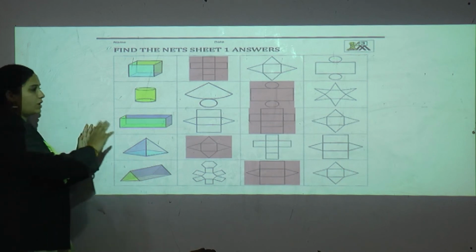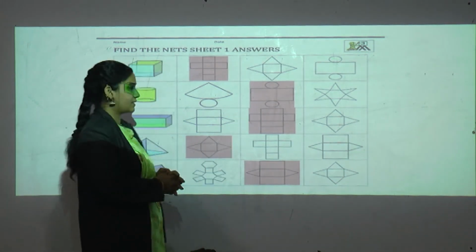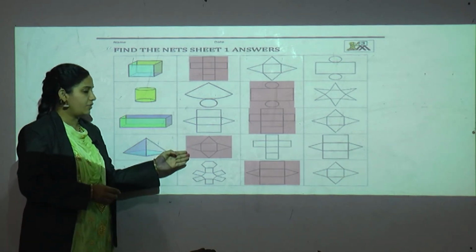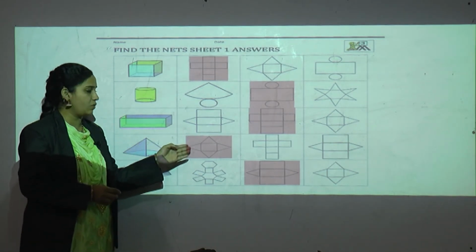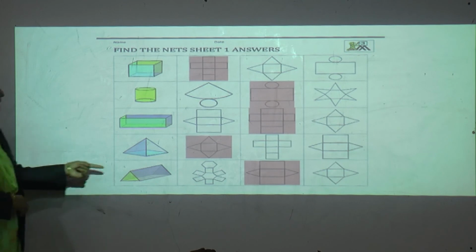When we unfold this figure, it will look like this. Again, which type of shape is this? Yes, a pyramid, isn't it? When we unfold this pyramid, the net will look like this. Now the last one, this is a triangular prism.